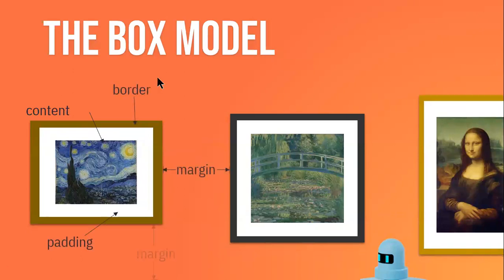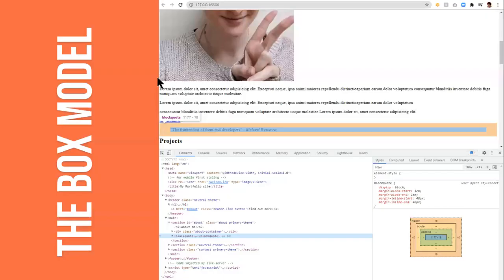Like our screen now, I believe we know where our border is. We know where our content stays. Our padding, you can see it from this image. Our margin, all these things are very, very important, even in responsive design.